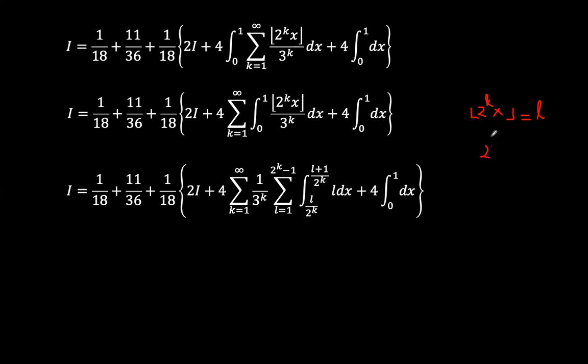If 2^k x is less than L plus 1 and is greater than or equal to L, such that L over 2^k is less than or equal to x, which is less than L plus 1 over 2 to the power k.